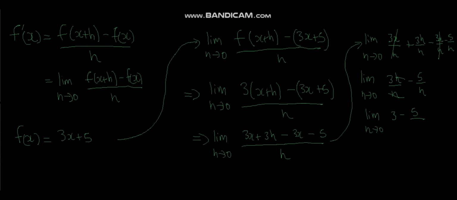Direct substitution, this would just 0 out, and you would end up with the differential of the function being 3, which if we use normal differentiation, would have just been 3.